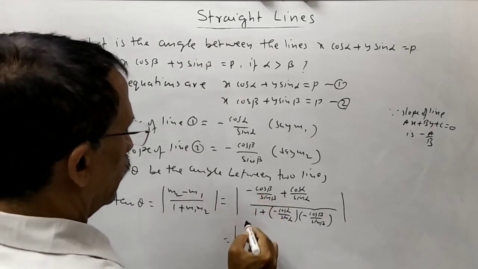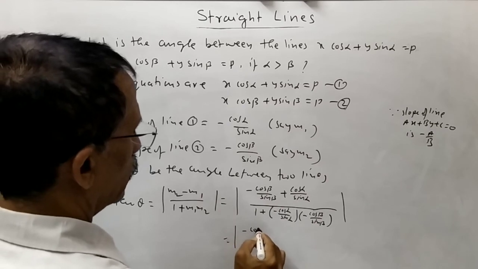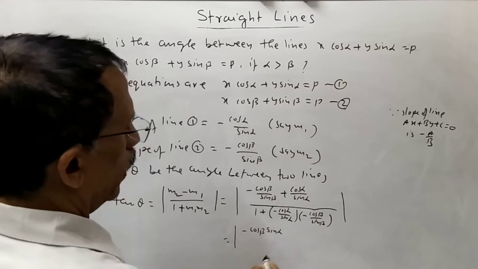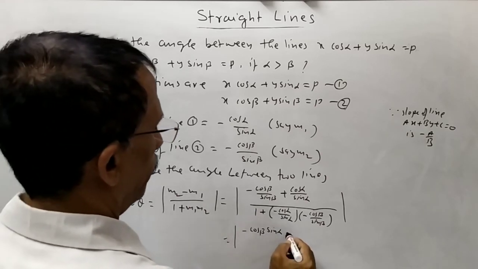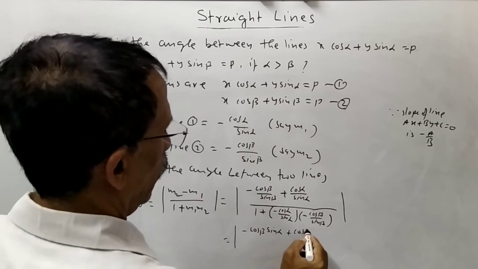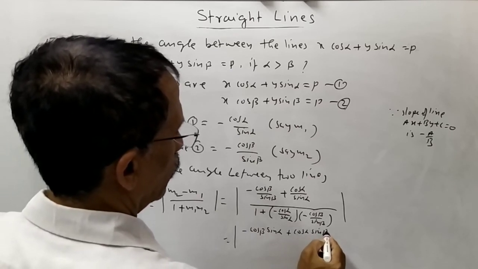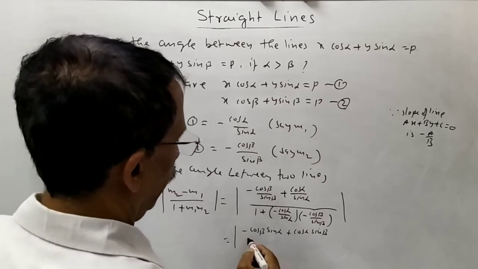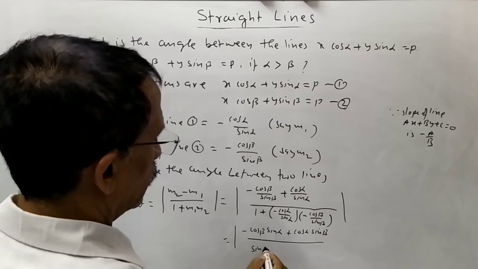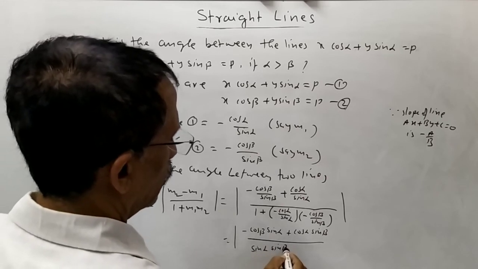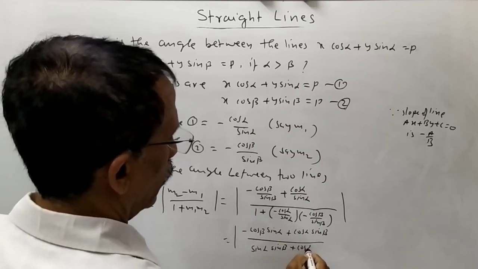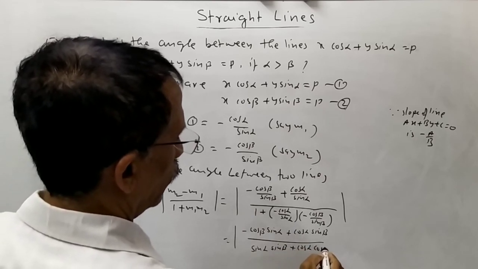So then we will get minus cos beta sin alpha plus cos alpha sin beta, whole divided by sin alpha sin beta plus cos alpha into cos beta.